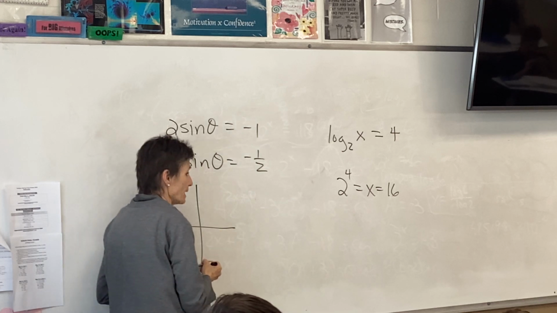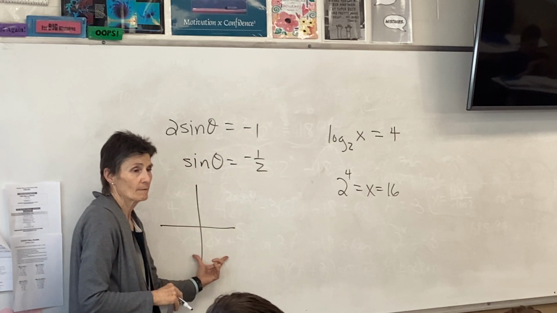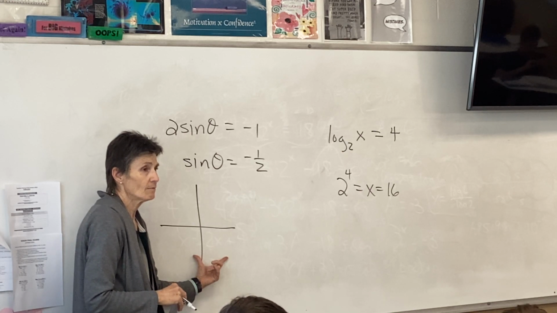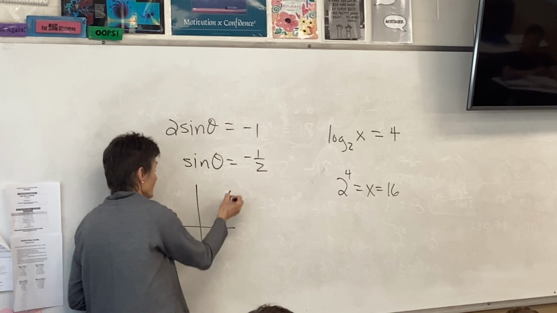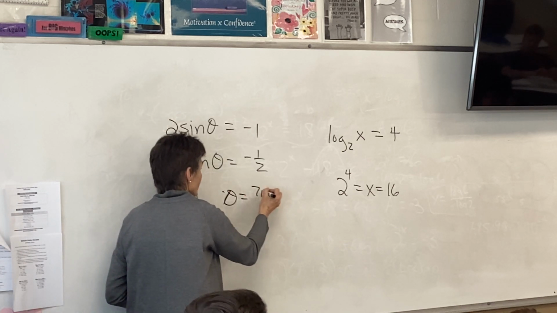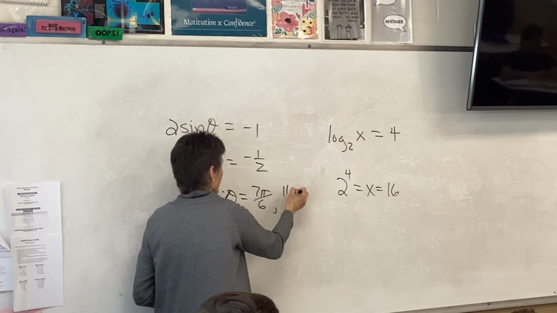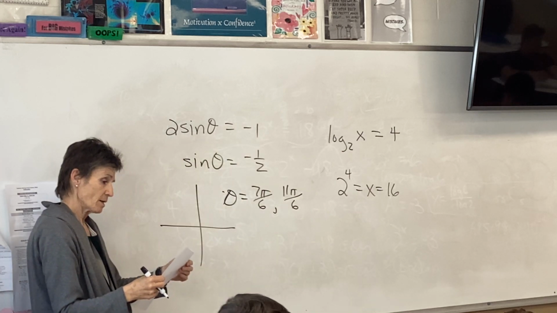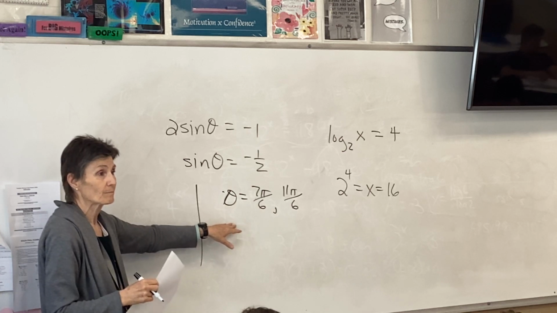Where's the sine negative? It's negative down here. What angle has a sine of 1/2? Pi over 6. So down here it would be 7 pi over 6 and 11 pi over 6. Now let me make sure that there's nothing tricky. No, it says 0 to 2 pi. So there we go, right?